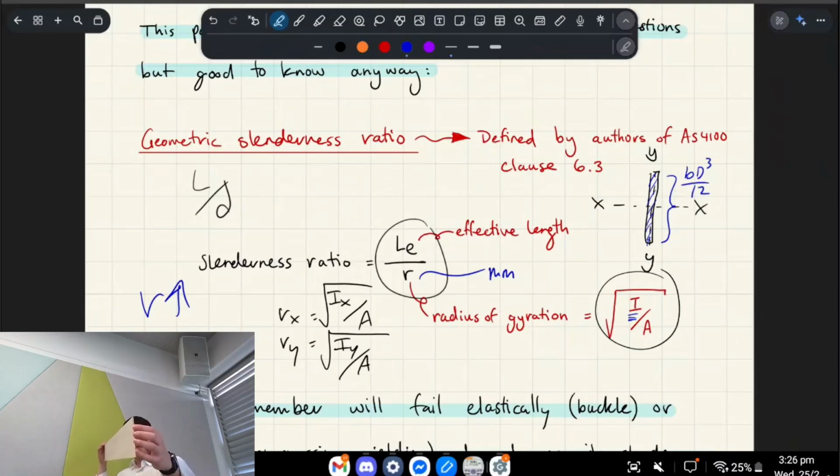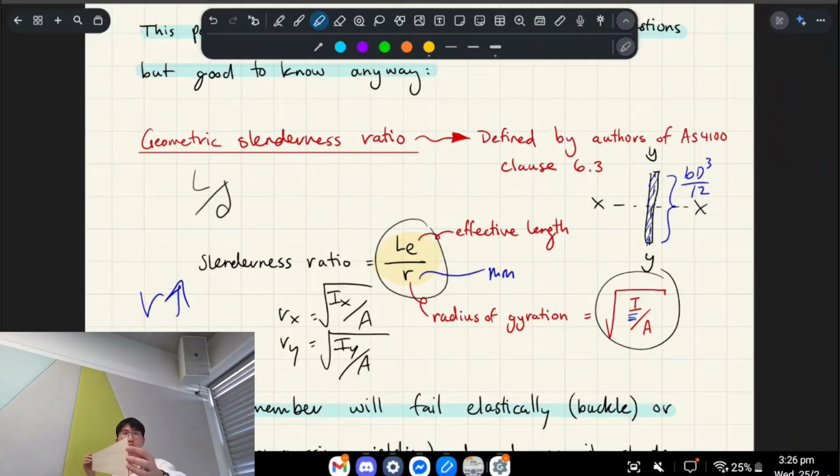So Rx is bigger, which means the slenderness ratio is lower, because it's divided, right? So if you have a higher stiffness, radius of gyration, it's going to cause the slenderness to be less. So it's more slender in the left-right direction, the minor axis direction.